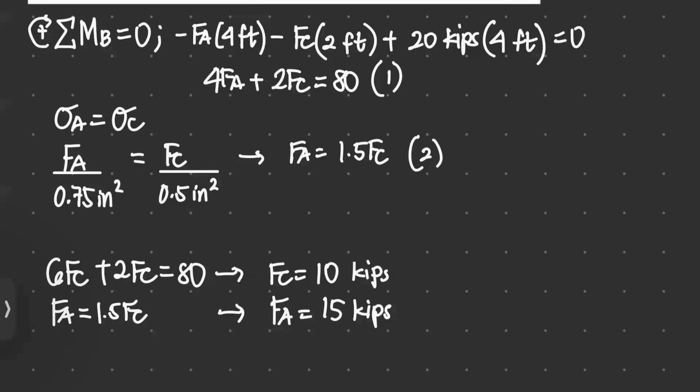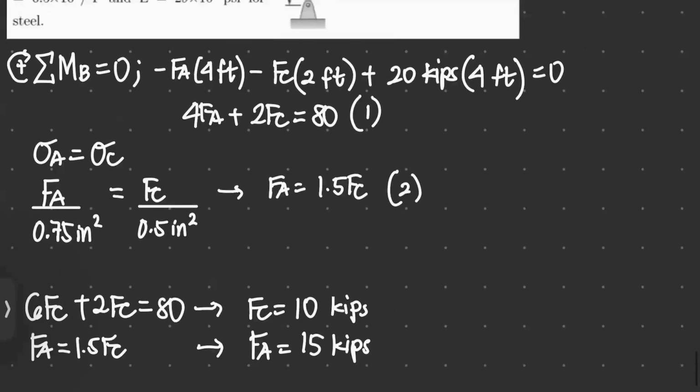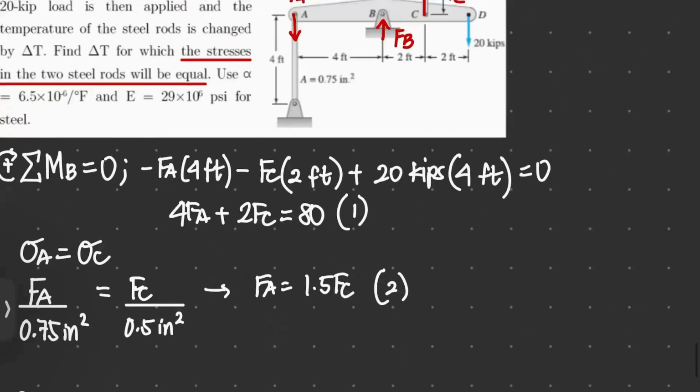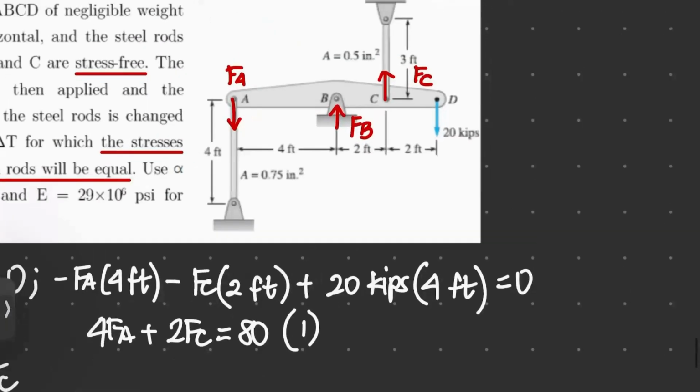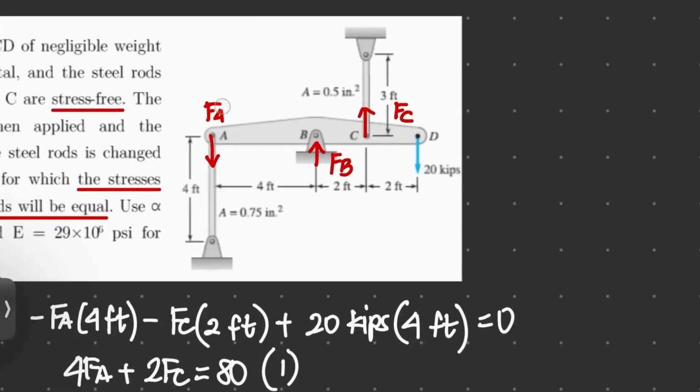So now let's establish the compatibility equation. Analyzing this figure, we know that a 20 kip force is applied. So when you apply a 20 kip force here, the bar is supposedly going to move down.